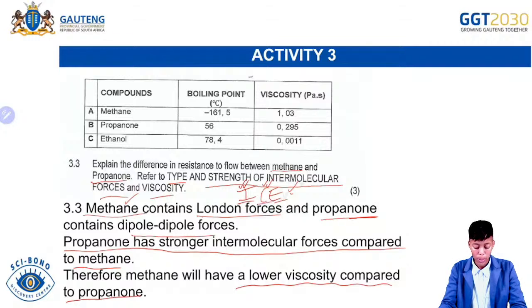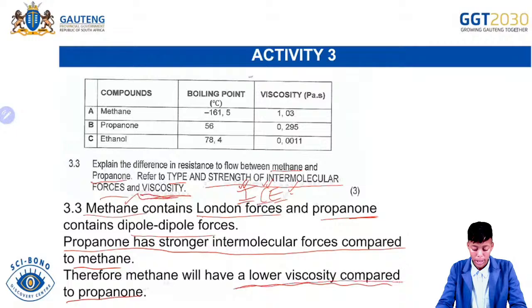Our last statement should be based on the viscosity. So methane will have a lower viscosity as compared to the propanol.